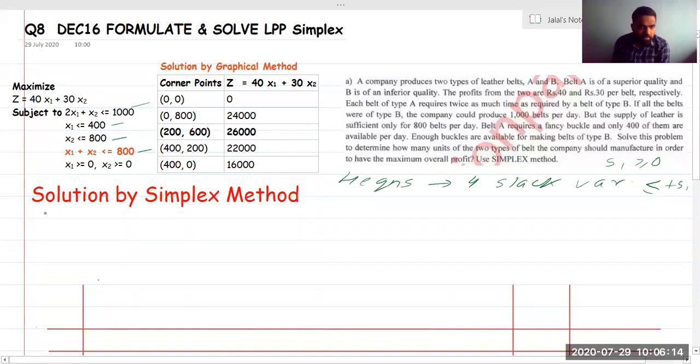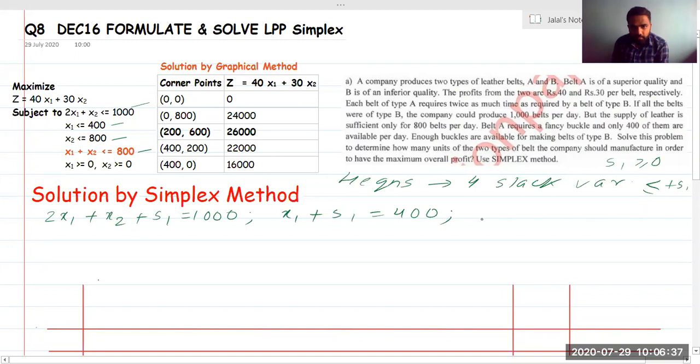So we will write the first equation, 2x1 plus x2, in terms of slack variable, plus s1 is equal to 1000. The second equation we will write as x1, since we have already used s1, so x1 plus s1 is equal to 400.